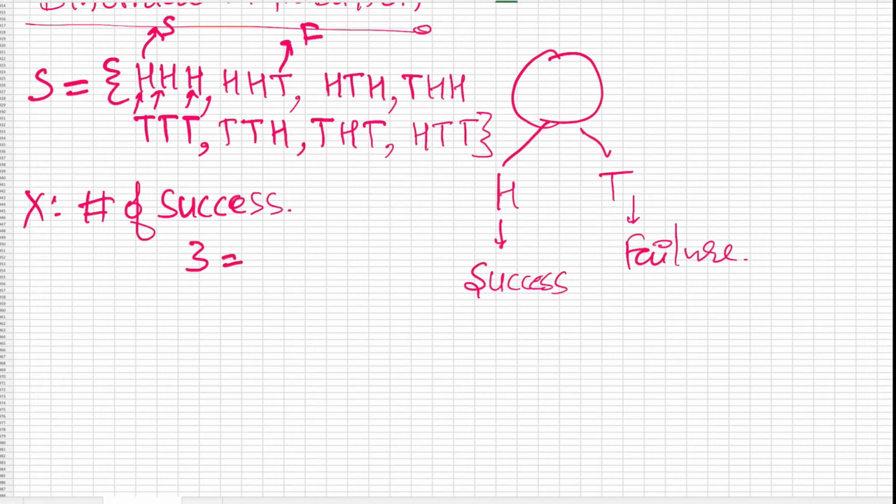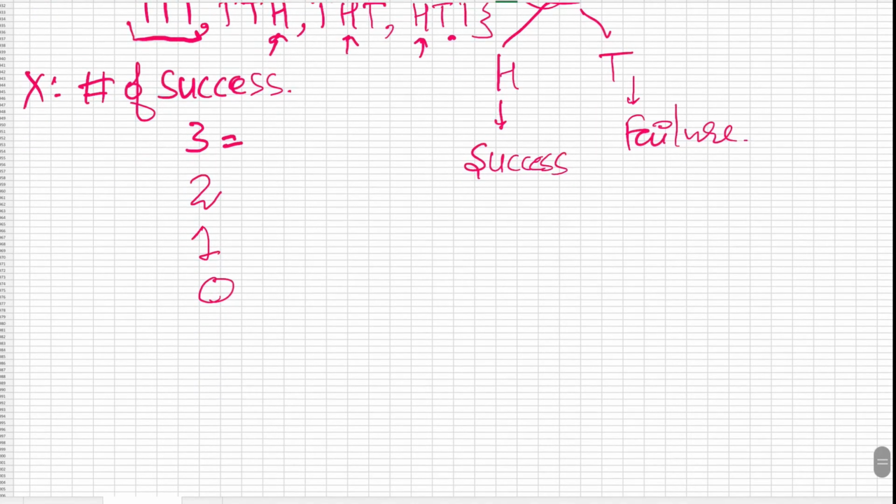Then we can get 2, which is HH, meaning 2 heads in any manner. We can have 1 head, meaning 1 success, at any time. We have 3 outcomes with 1 head. We may get no success, meaning all 3 times we toss the coin we get only tail, not heads. So these are all of the possible values of the random variable, the number of successes.